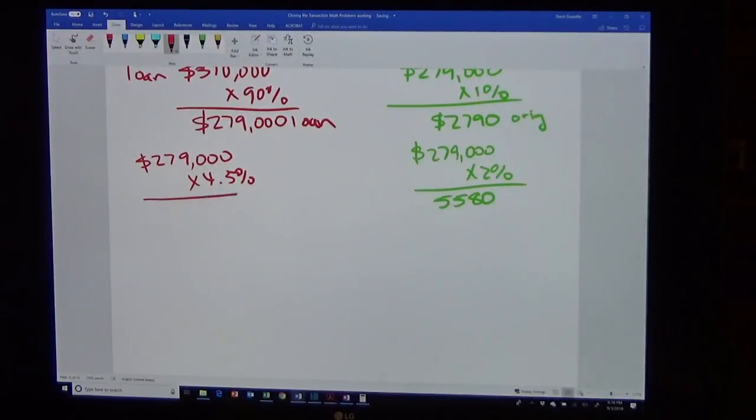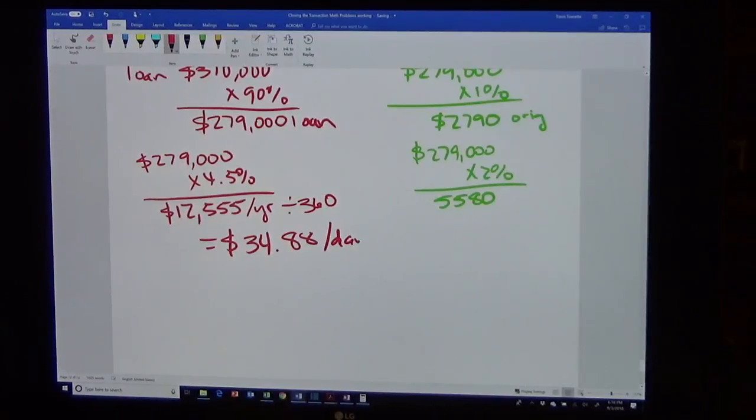Okay, so $279,000 times 4.5% interest equals $12,555 per year, divided by 360, and that equals $34.88 per day, times, we're closing on the 19th, so we've got 12 days.